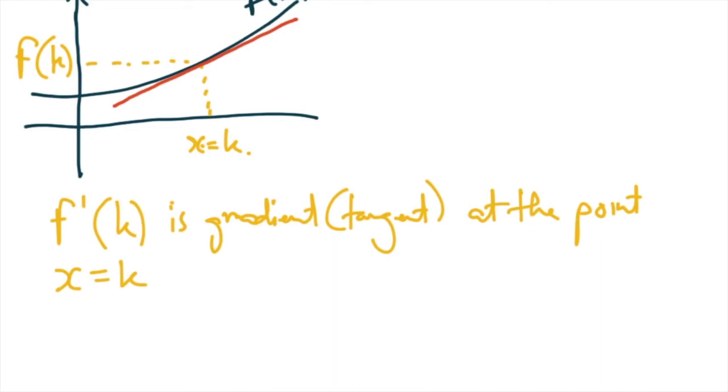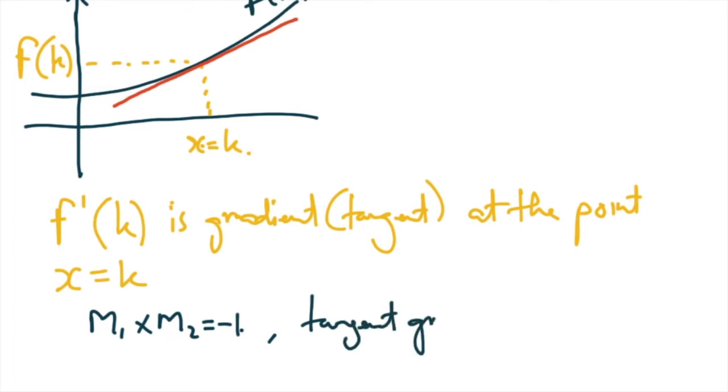And if I know the tangent gradient, I know m1 times m2 equals -1. So the tangent gradient multiplied by the normal gradient equals -1.